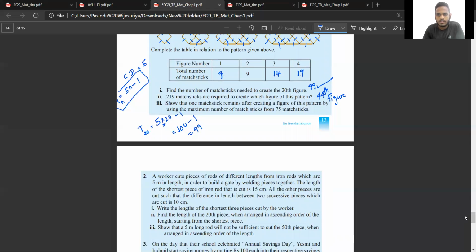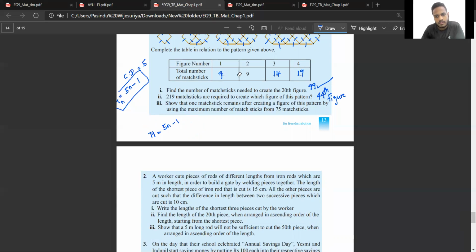Okay, so I'm going to use this part. Then considering that, 75 equals 5n minus 1.